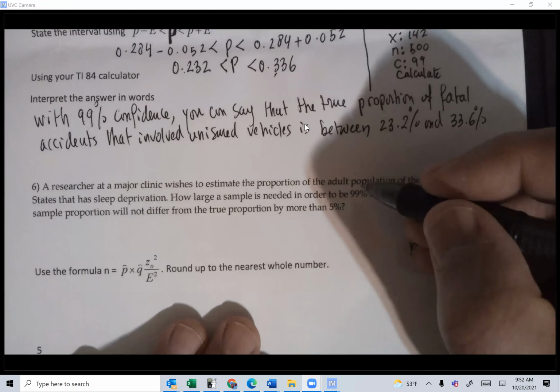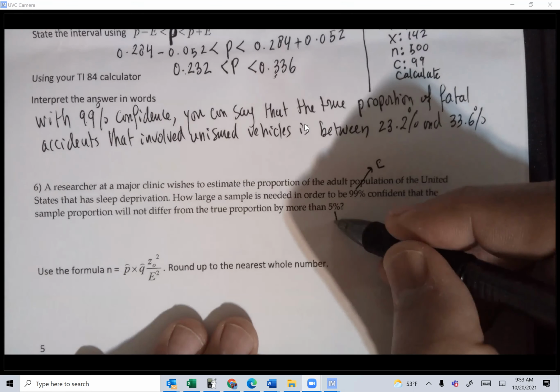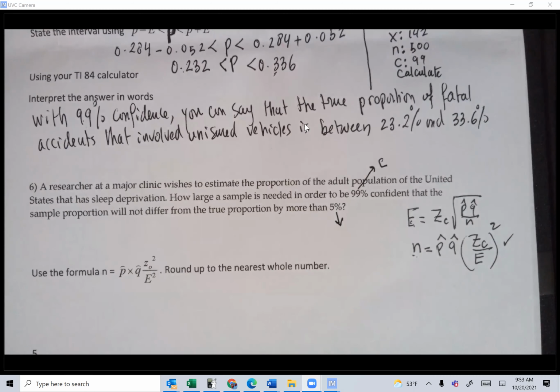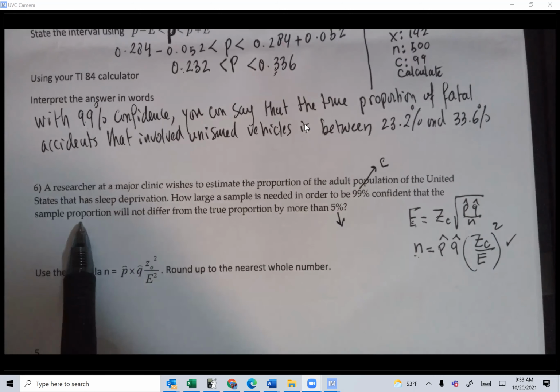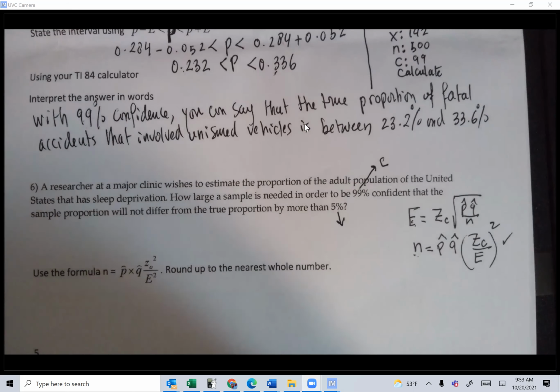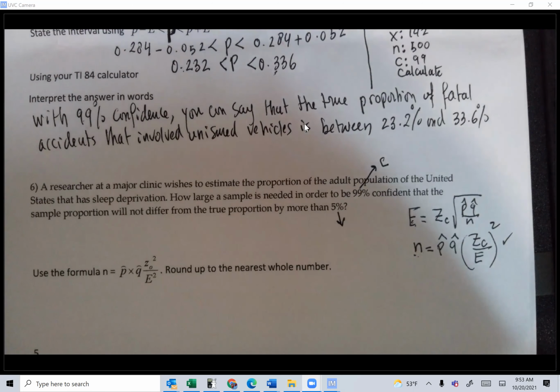So the 99%, guys, is the confidence level c. Can someone tell me what you think E is here? He says he doesn't want the sample proportion to be different from the true one by no more than 5%. Any guess what you think E is? 5%. Remember, guys, the difference between the estimated value and the true value is the margin of error.